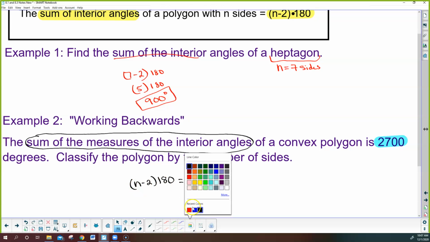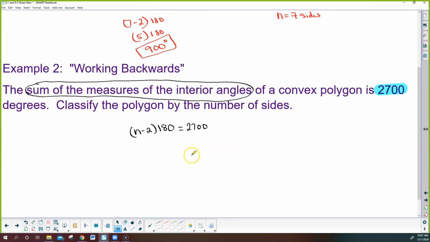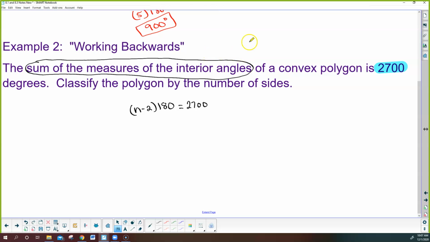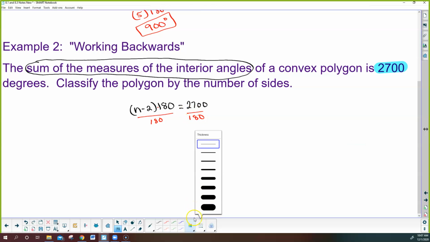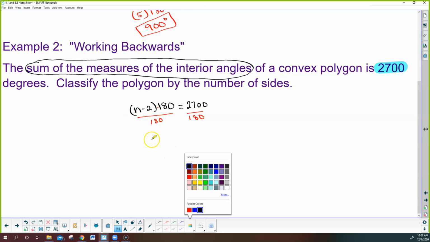Now I have an algebra problem, and you have a couple of options for solving this. Remember, we're going to work backwards, so we're going to find N. You have two options here. This is 180 times N minus 2. You could distribute the 180. I really hope you don't, because I hope you are trying to get N by itself. So we're just going to divide both sides by 180.